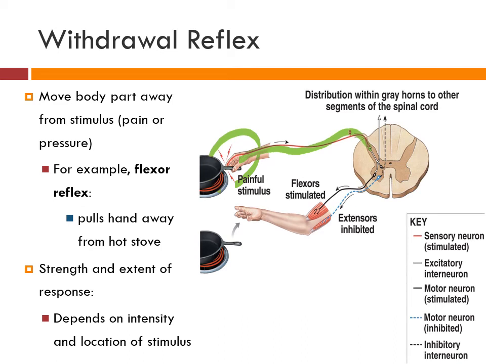But in this instance, we are synapsing on an interneuron, and then the interneuron is going to synapse on the motor neuron, causing flexion, but it's also going to send information superiorly up to the brain so that you can perceive the pain that happened when you burned yourself on that pan.